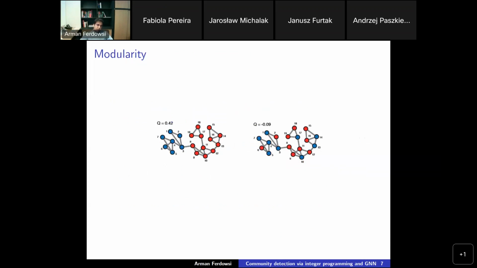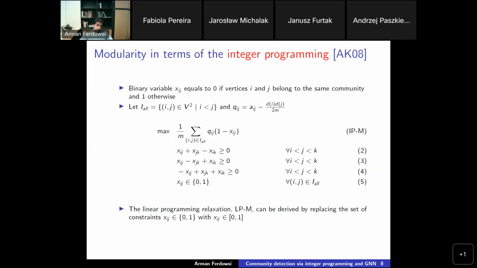It is apparent that the partitioning shown in the left figure is much better, and on the other hand, it results in a higher modularity value. Consequently, high-quality communities can be determined as those with a high value of modularity. So the immediate conclusion might be that we should somehow seek the communities leading to the maximum possible modularity value.